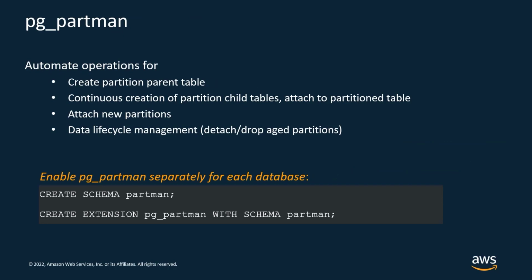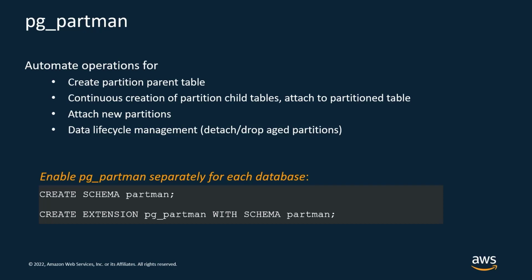pg_partman automates the operations for creating a partition parent table, continuously creating partition child tables and attaching them to the partition parent table. And it also takes care of data lifecycle management for us with the ability to detach and drop aged partitions.